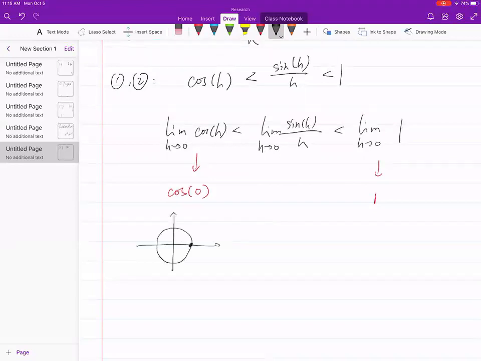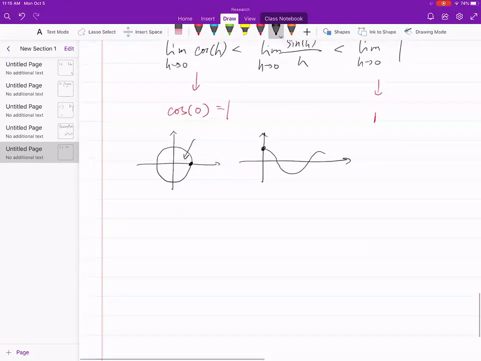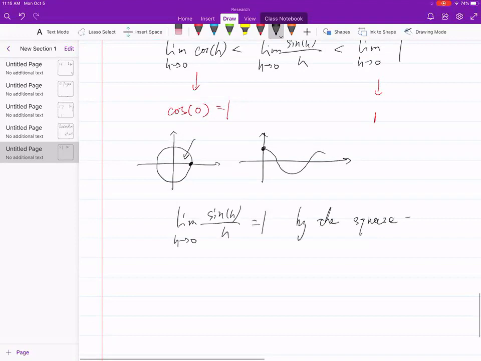Cosine 0, your x value, or if you think about the graph, cosine 0 is here. Can you see this is 1? Less than 1, bigger than 1. Therefore, the thing in the middle is going to be 1, by the squeeze theorem.